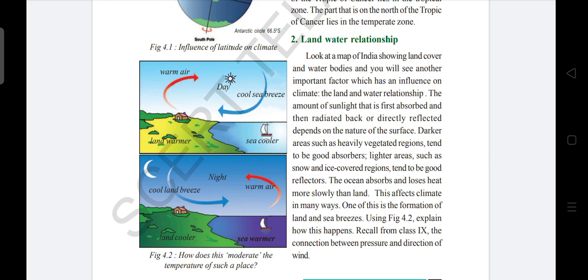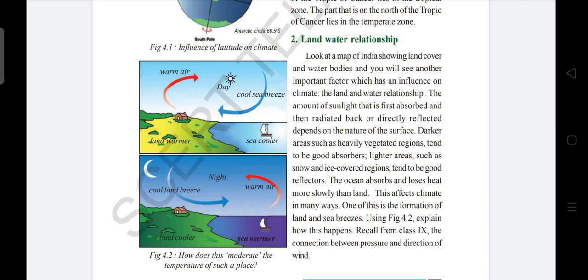For example, we can take our north, the Himalayas. It will be covered with ice and snow. So these regions tend to be good reflectors. The good absorbers are dark vegetated areas, whereas the good reflectors are areas covered with ice and snow.